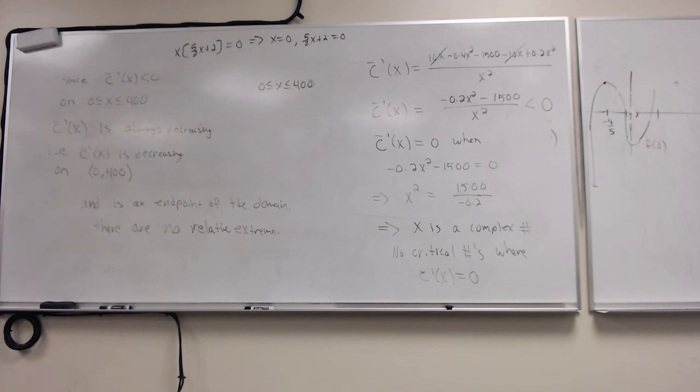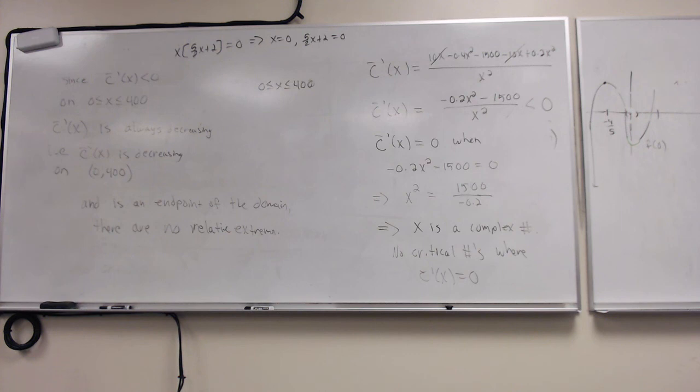Now, in the last minute here, let's think about what this means. So what would that mean if your average cost is always decreasing? Let's think in business economics terms. What would that mean if we were always increasing the production level? The average cost per unit will always be decreasing, meaning the more and more units we produce, your cost per unit is also going to be decreasing.